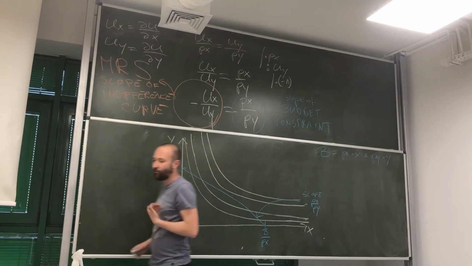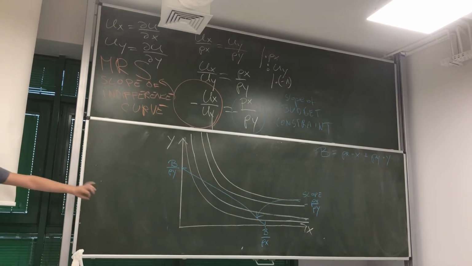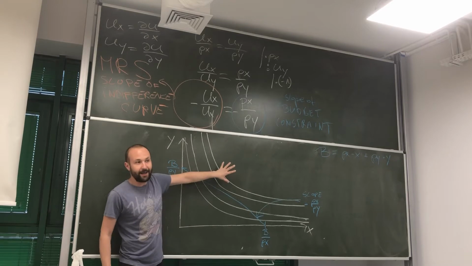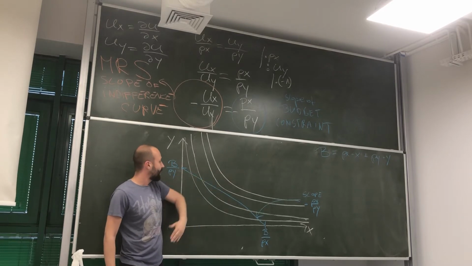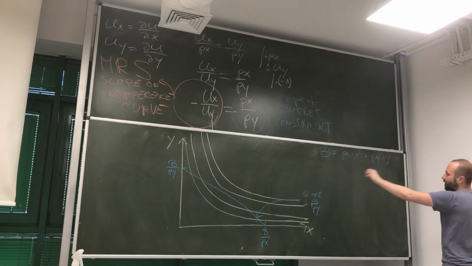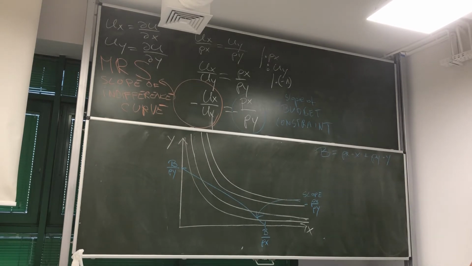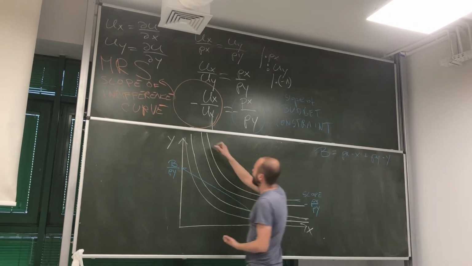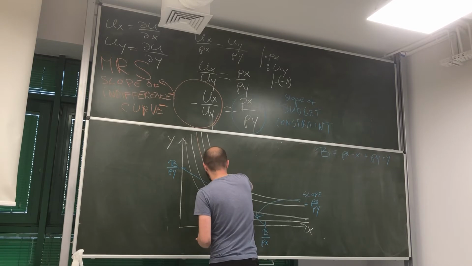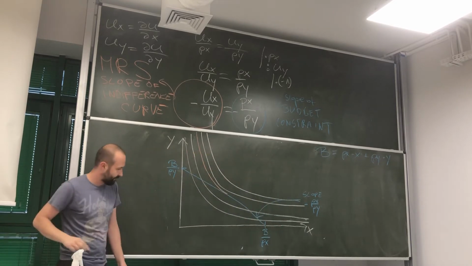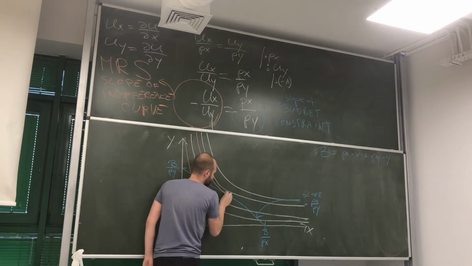But what do we see over here? We clearly see that those two are too high. They are beyond the budget constraint. It means customer can't afford to be on any of these two indifference curves. So which is the one where the customer is going to land? This is going to be the highest attainable indifference curve for this customer.